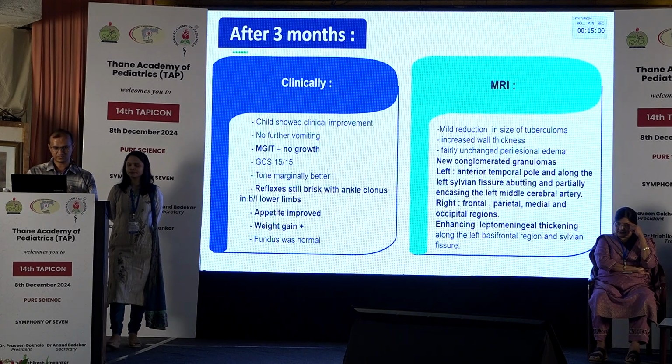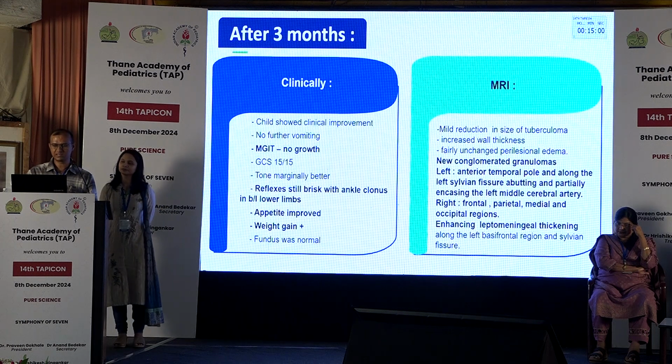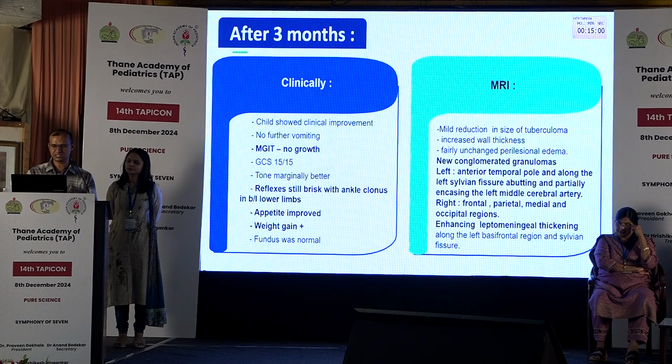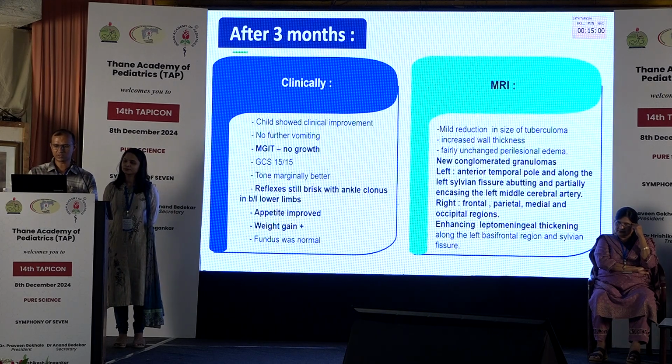MRI follow-up was done, which showed mild reduction in the primary tuberculoma with increased wall thickness, fairly unchanged edema, but new conglomerated granulomas were seen on the left side in the anterior temporal pole and along the left sylvian fissure, abutting and partially encasing the left middle cerebral artery.